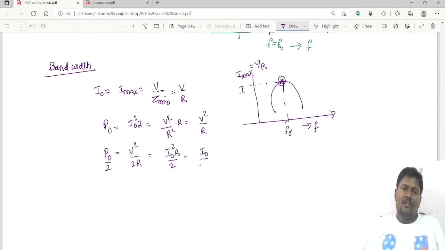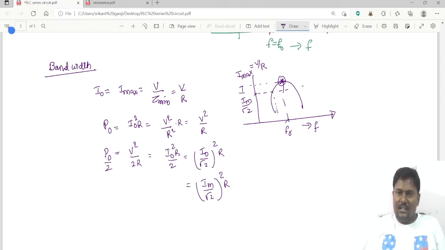So I naught by root 2 whole square into R. That means I max by root 2 whole square into R. So I can find it as I max by root 2.